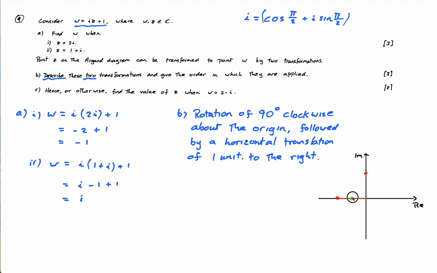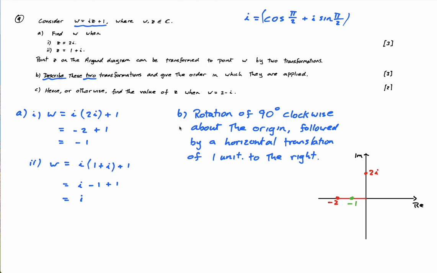Now what is this value? If this is 2i, this is negative 2, and then adding 1, this is negative 1. And look, that's our negative 1.